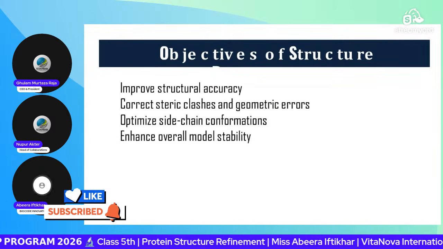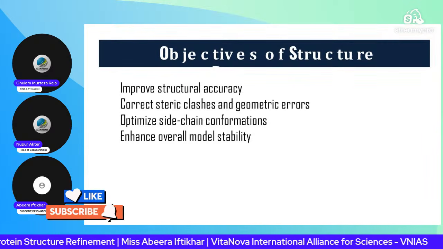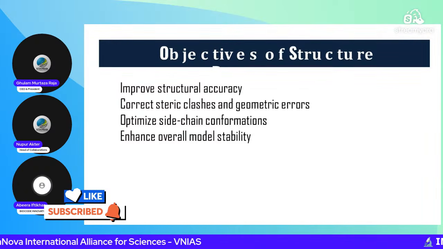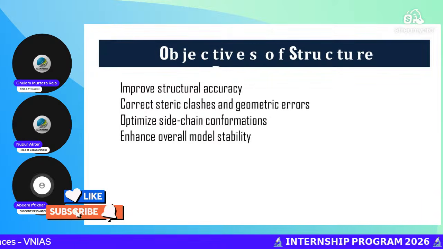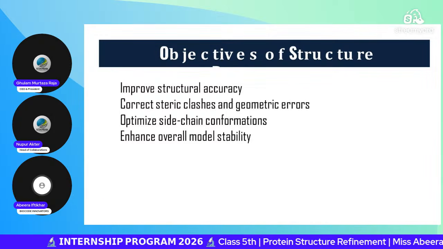So, what is basically protein structure refinement? Why do we have to refine our protein 3D structure? We have to improve the predicted structure, whether we predicted it using separate software or tools.